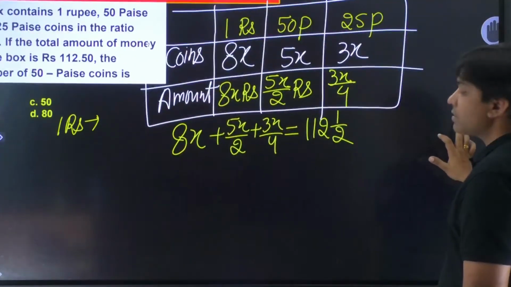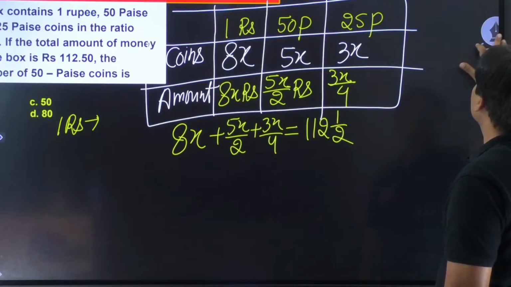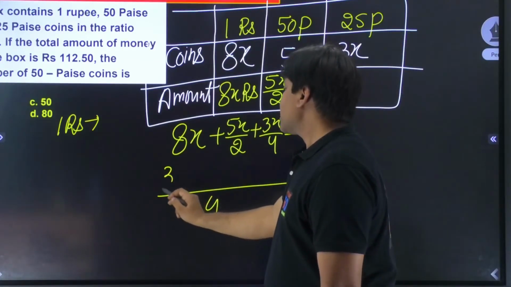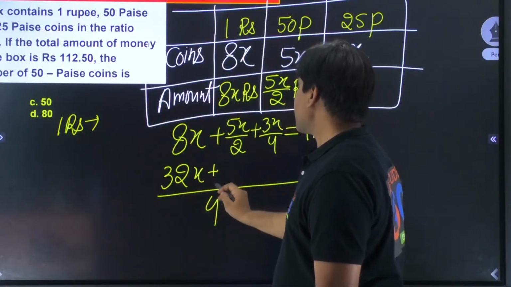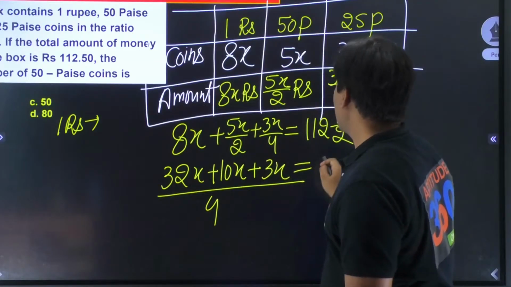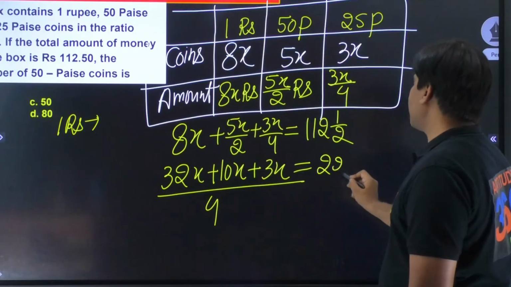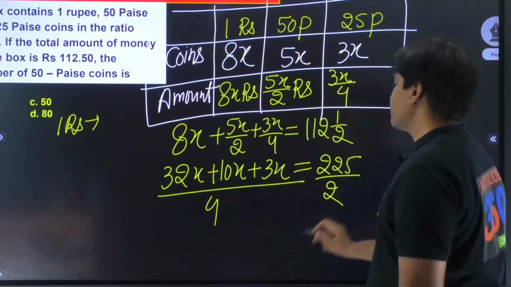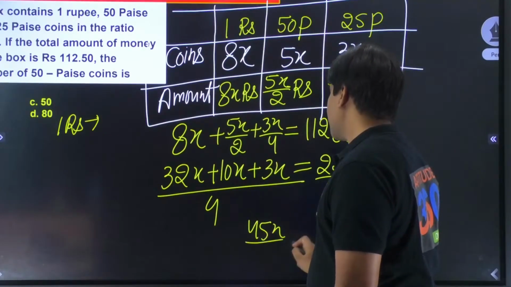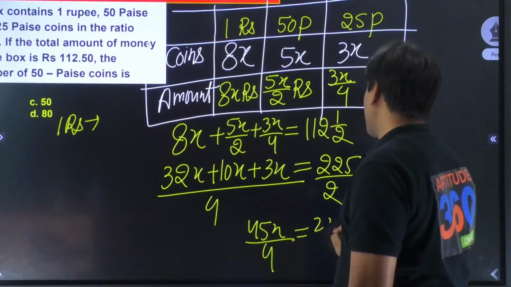Did anybody get the answer? So this is going to be 4. This is 32x plus 10x plus 3x. Now this is going to be 45x divided by 4 is equal to 225 divided by 2.